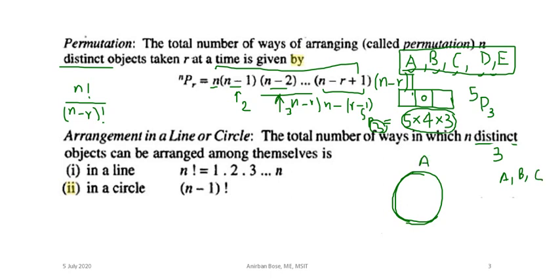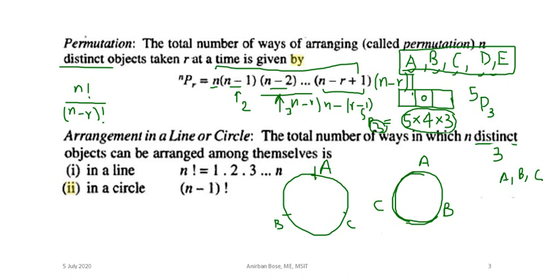Here is A, here is B, and here is C. So B is after A, C is after B. Or say here is A, here is C, and here is B. Now, is there any other way? No, there is no other way for these three persons to be arranged in a circular path, because you can see it either clockwise or anti-clockwise.